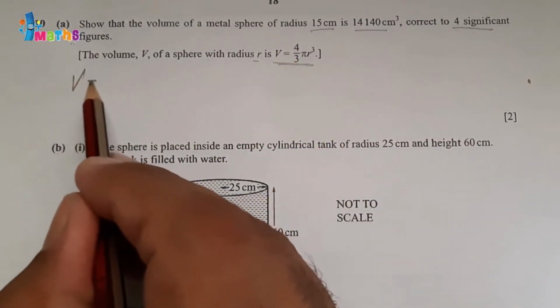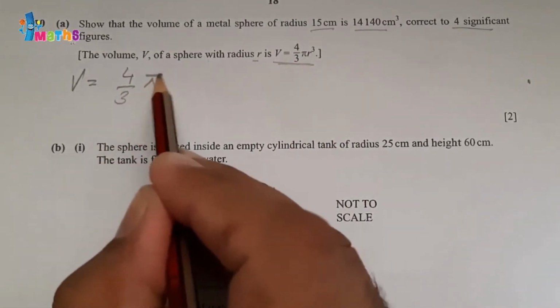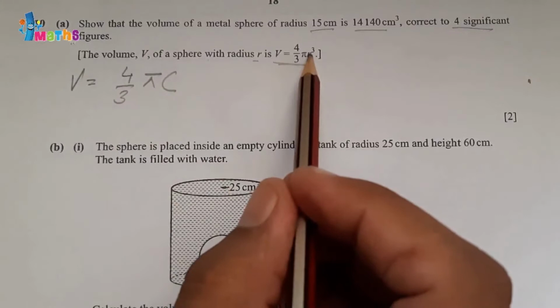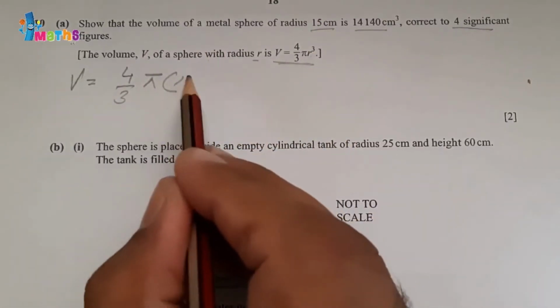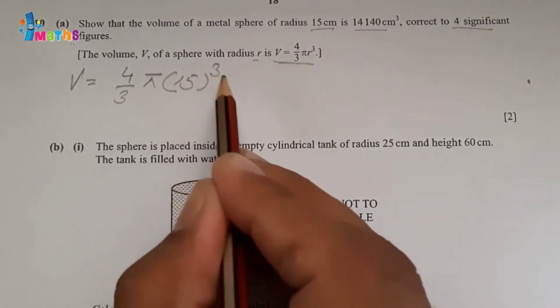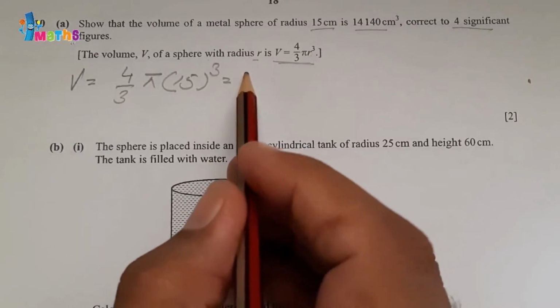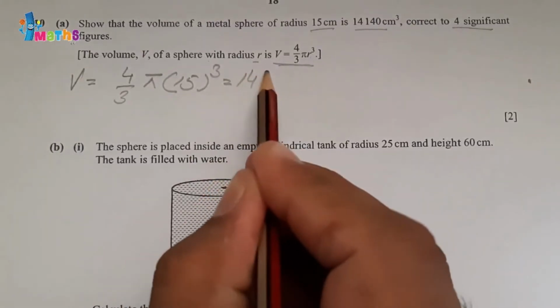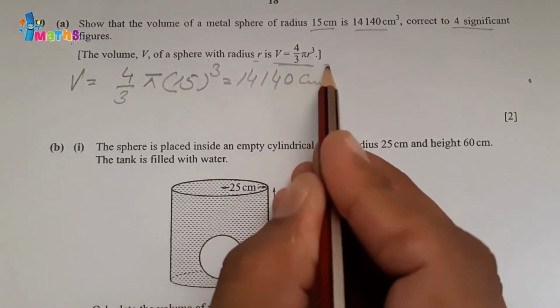So V will be equal to 4 over 3 pi R cube. R is provided, R is 15 centimeters, so 15 cube. If we calculate, our answer will be 14140 centimeter cube.